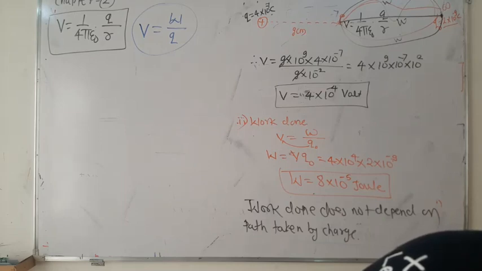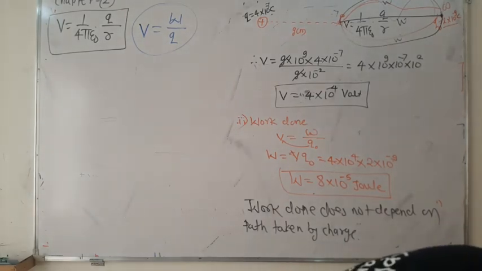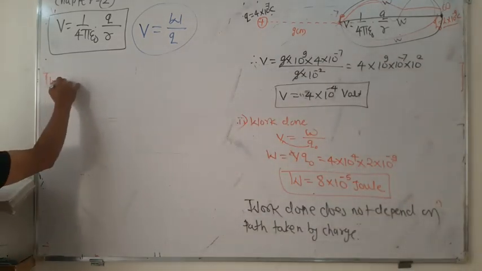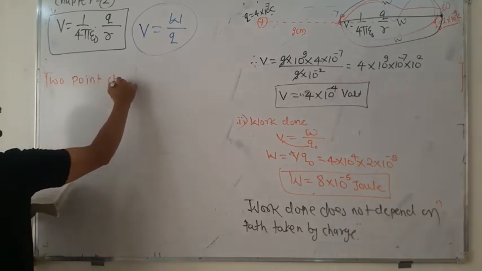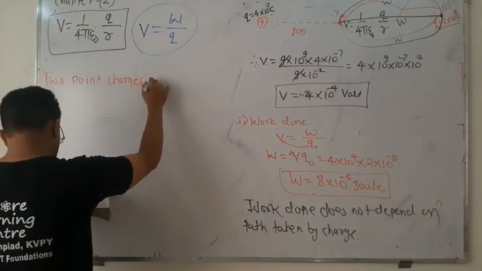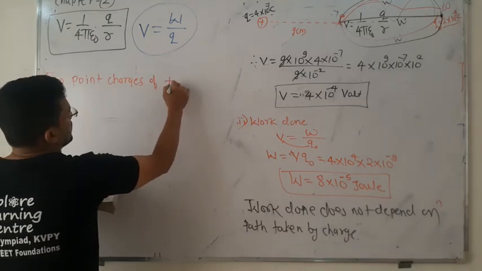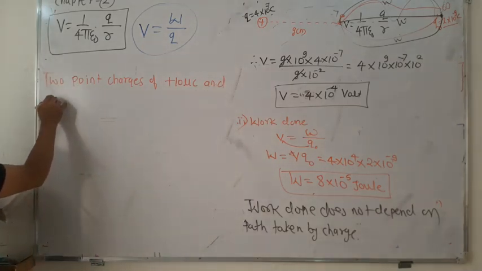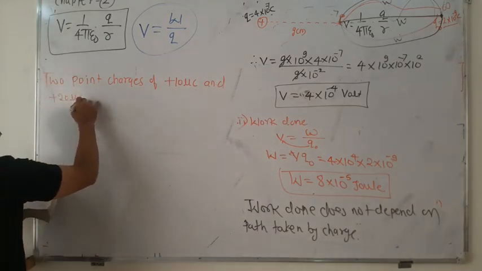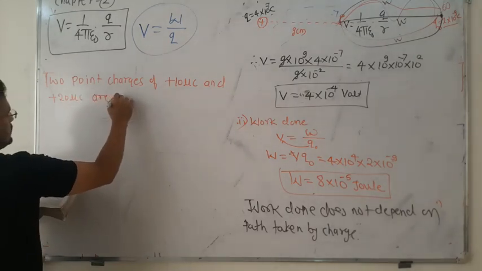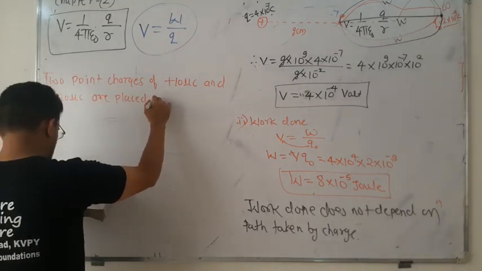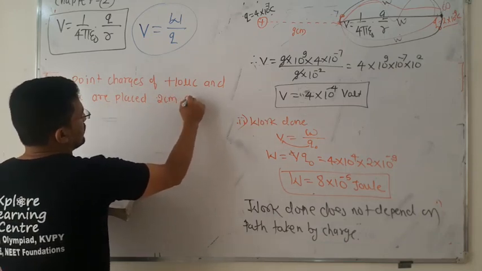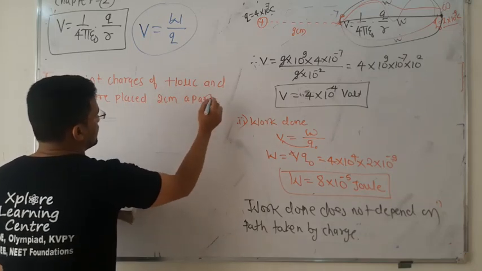Write it down. Two point charges of plus 10 microcoulomb and plus 20 microcoulomb are placed 2 centimeter apart.